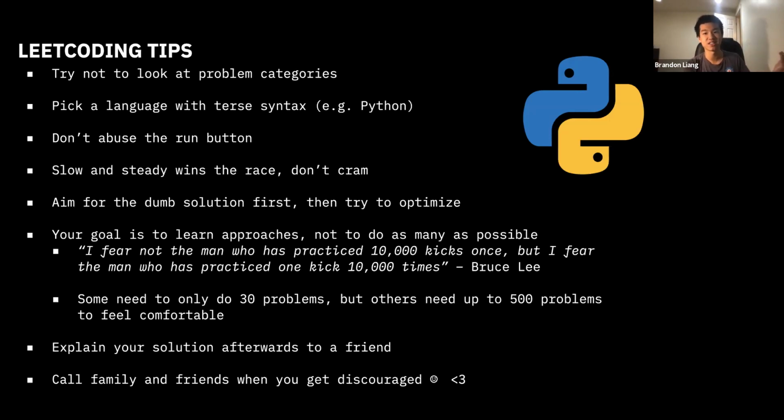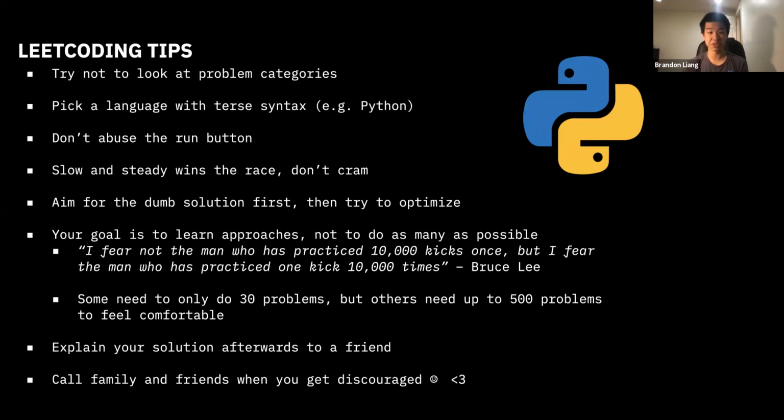You're just memorizing. And even if the interviewer gives you a question with a slight twist on those problems you've already seen, you won't be able to get it. So really take it slow and easy, do one a day. And when you do that one a day, do it well.